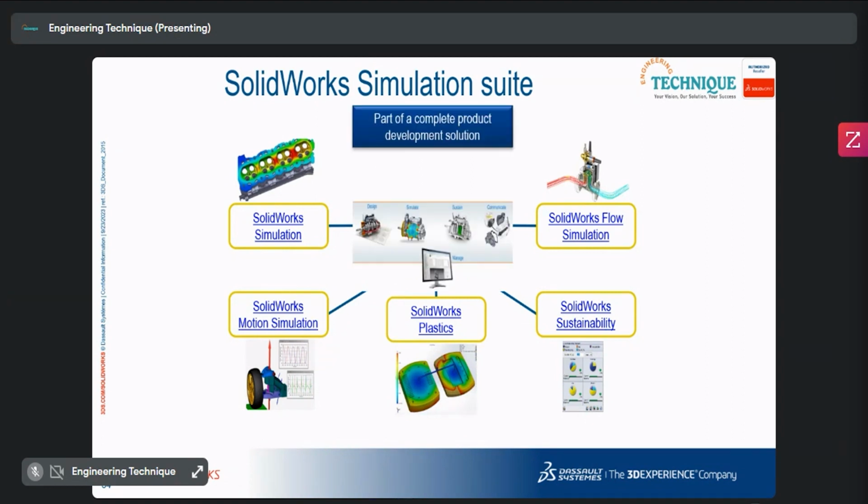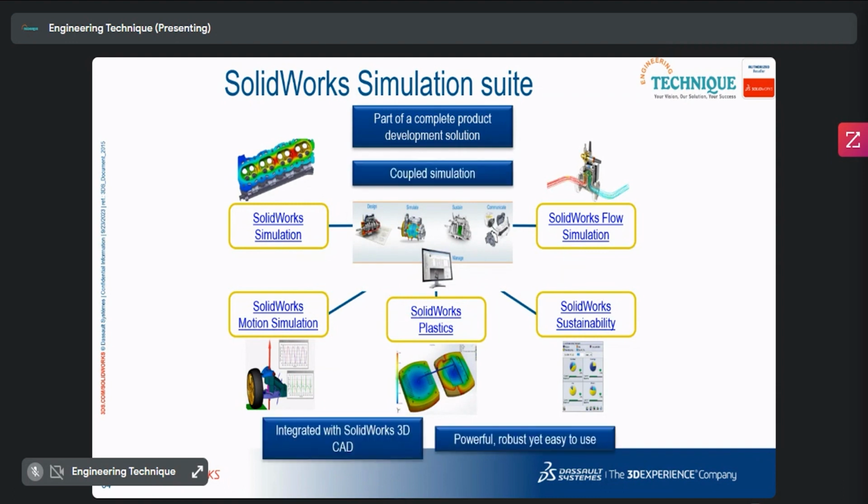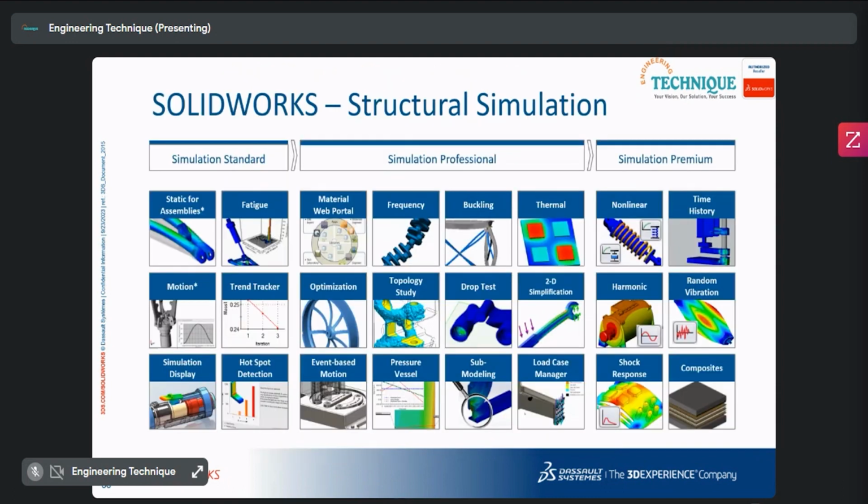Now, if you go ahead, this is the SolidWorks structural simulation. It is categorized into three parts: Simulation Standard, Simulation Professional, and Simulation Premium. As per the package, you can perform various types of structural analysis.